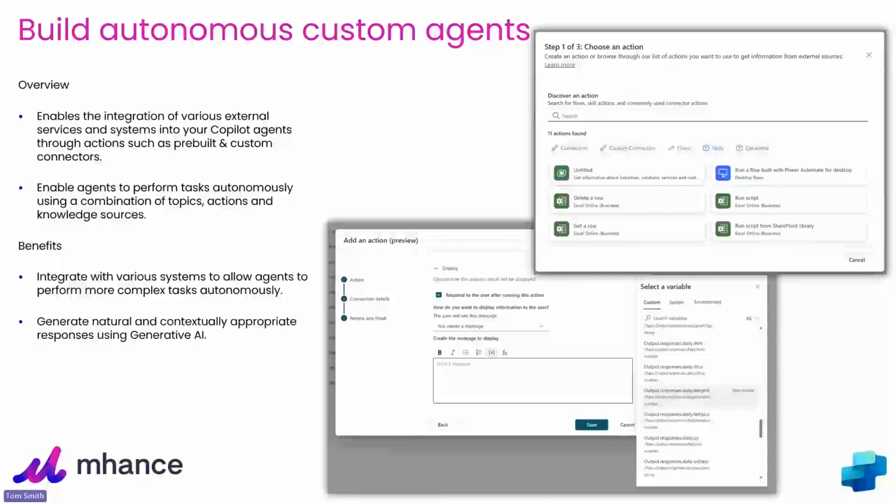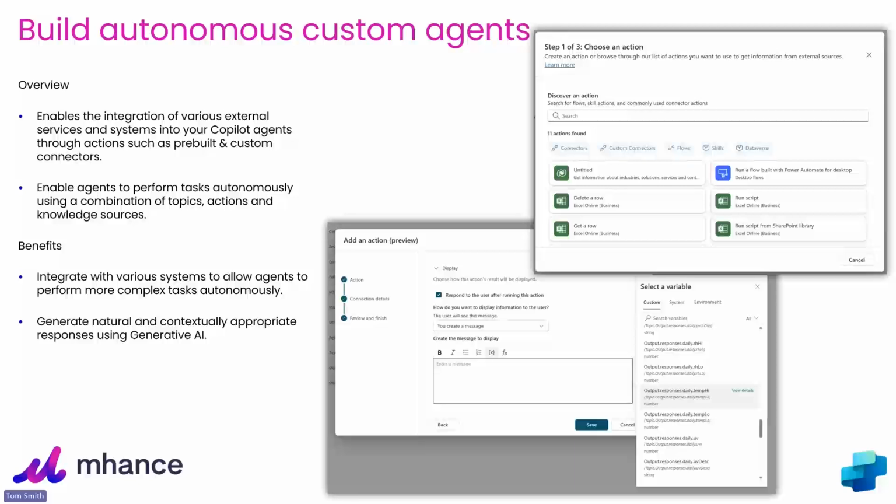And then going on to the final feature, again, this is two features wrapped into one. This is being able to build autonomous custom agents. And there's two features here, as I mentioned. So the first feature is a preview feature where you can add actions within a Copilot agent.